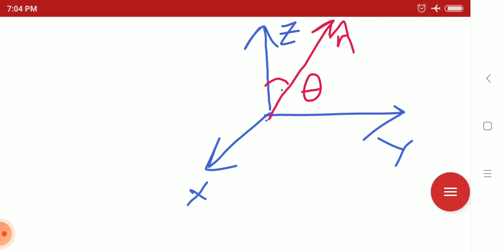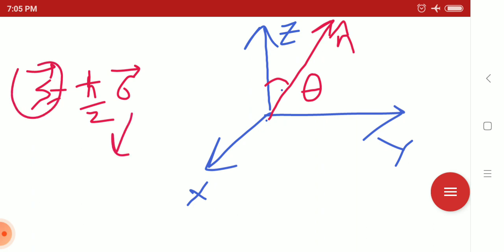And suppose we know that S vector equals h cut by 2 sigma vector, and S vector has, suppose, eigenvector chi s.